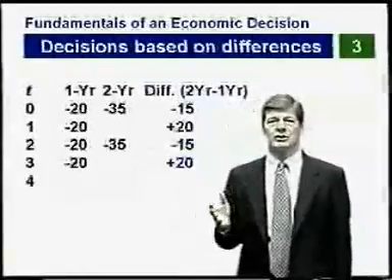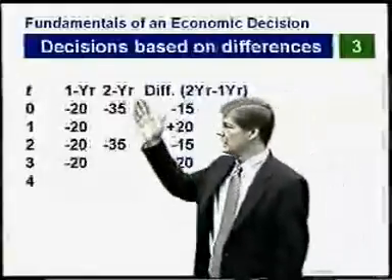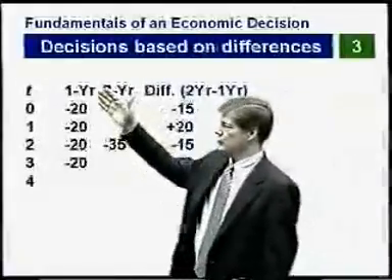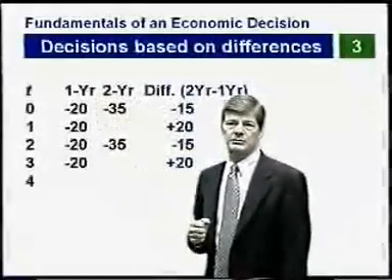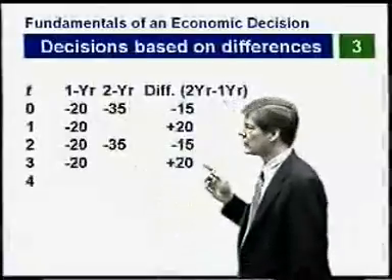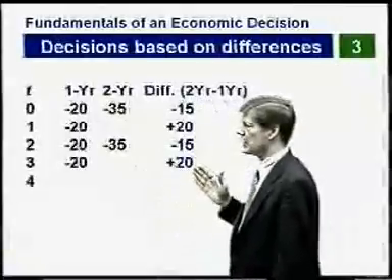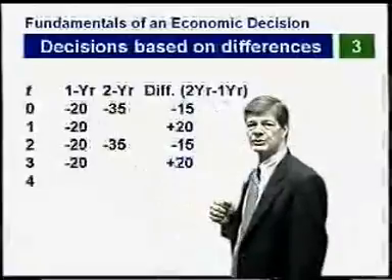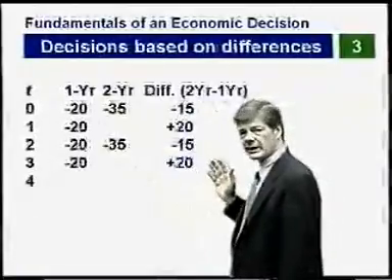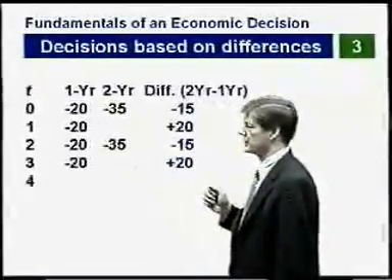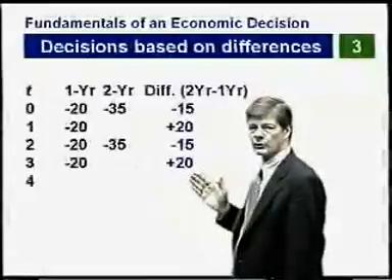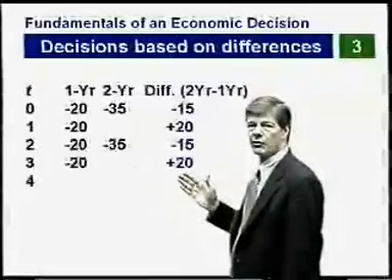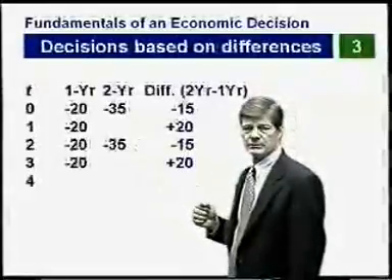Fundamentally, my decision here in the choice between a two-year subscription versus the one-year subscription is a decision as to whether I accept or reject this cash flow series. If I accept this cash flow series as being an economical choice, then I prefer to have the two-year subscription.